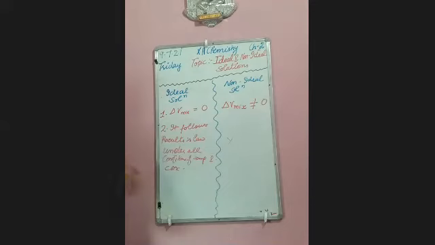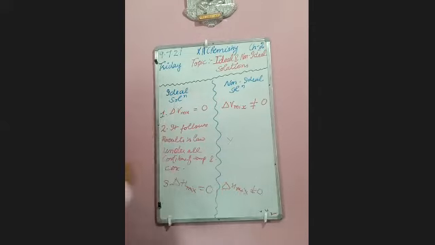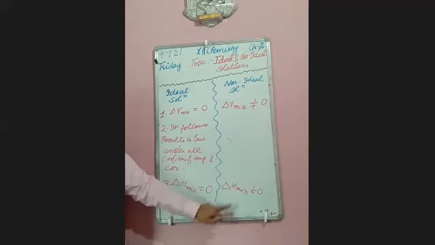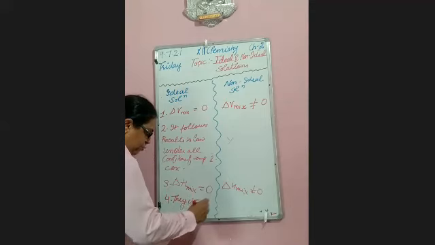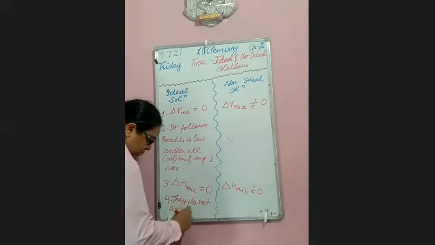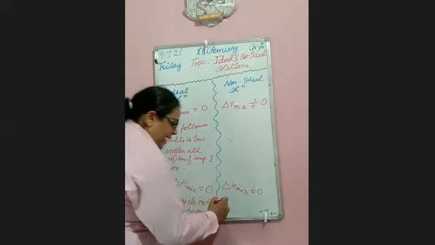It does not. In that case, delta H mixing, meaning enthalpy change, should be 0. Here, it is not equal to 0. Ideal solutions do not form azeotropes. I will tell you in the class what azeotropes are. Non-ideal solutions form azeotropes. Within 5 minutes, you will come to know what azeotropes are. And they form minimum or maximum boiling azeotropes.